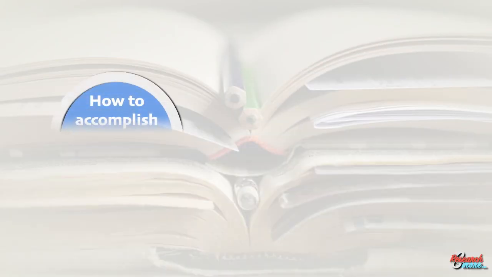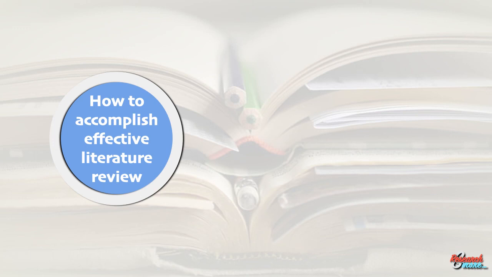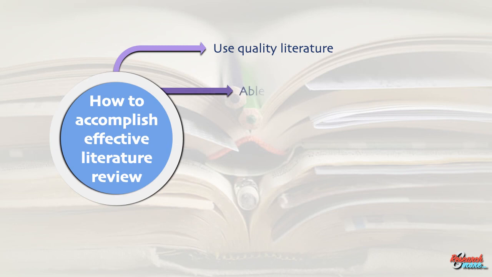There are some basic guidelines to accomplish an effective literature review. We can begin by sourcing quality literature within the research domain. The review should enable us to precisely frame the research problem or research gaps for our study.